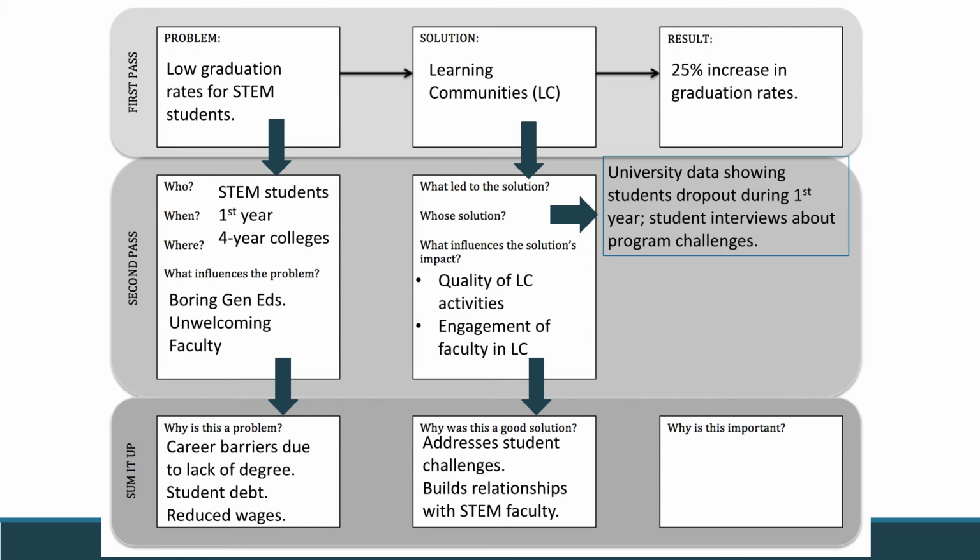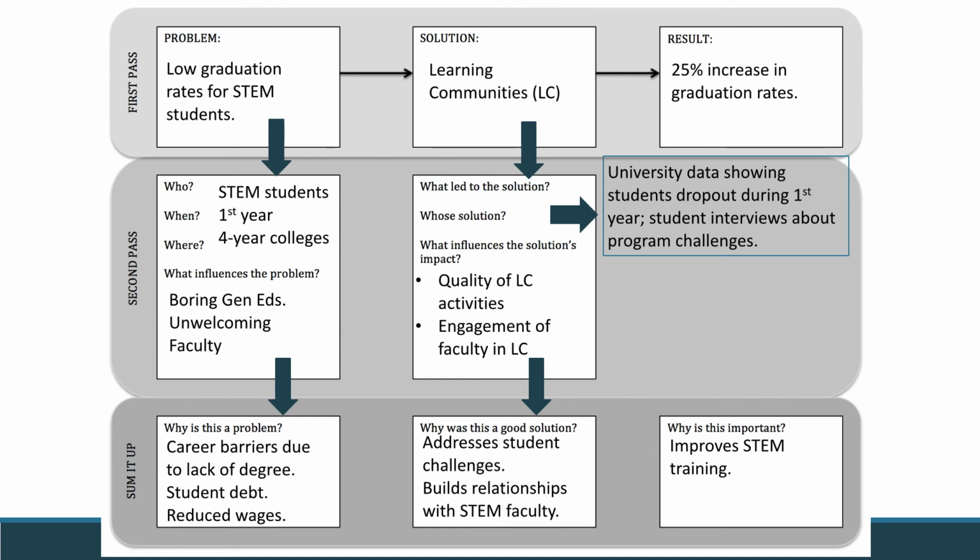Finally, we want to consider why this problem and solution are important overall. For our example, in addition to improved graduation rates, we can speculate that programs would also likely see improvements overall in STEM education.